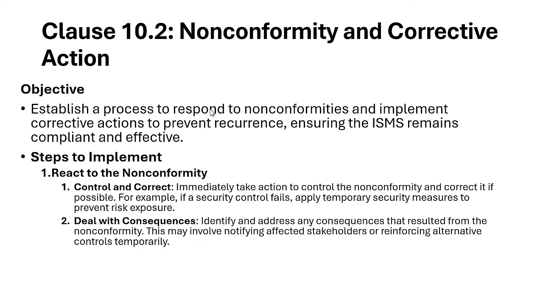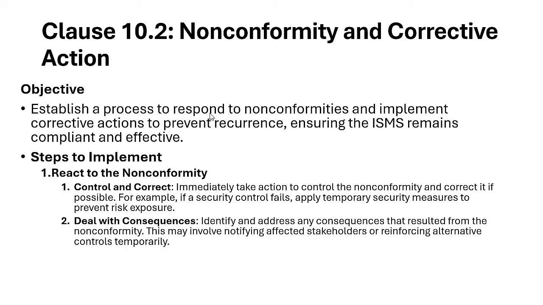Second is when you identify a gap and sometimes the controls are not working adequately, it is called a non-conformity and we need a corrective action for that. So we need a step process here on how to respond to non-conformity, because for everything we have a process. We have some steps to react to the non-conformity, like we take immediate actions if it's very critical.